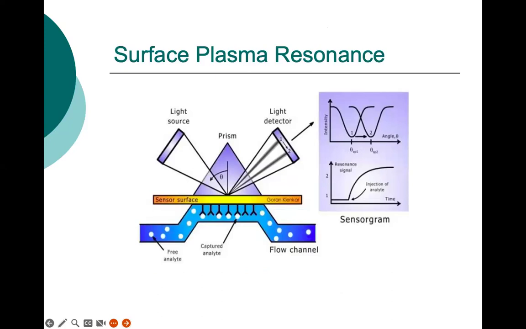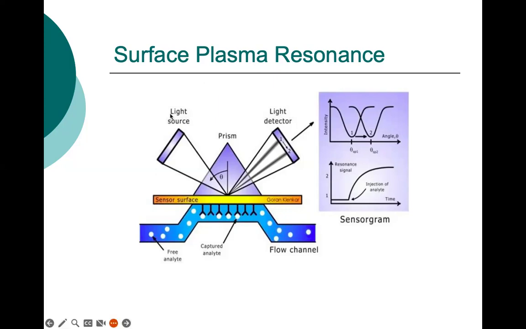There's another one called surface plasmon resonance, in short SPR. This is also a machine, a device, an instrument that can be used in development of optical sensors.